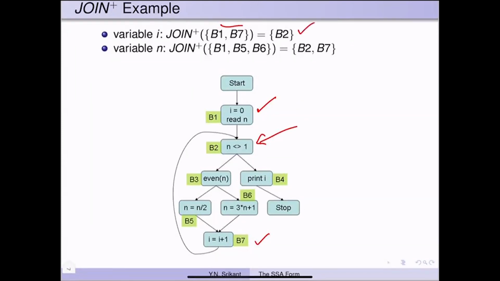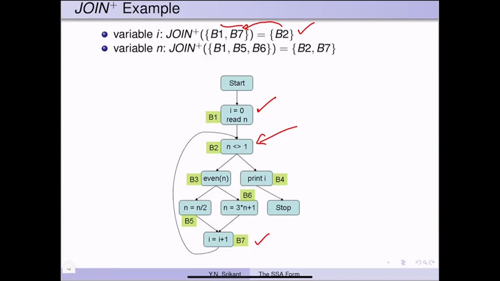So B2 will be included in the join plus set. If you put B2 also into the set and compute join of B1, B2 and B7, it is very easy to see that there will be no change. The only place where convergence happens is B2.